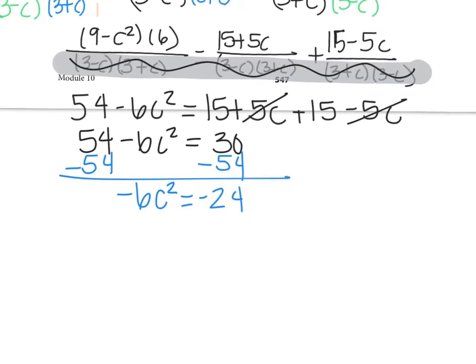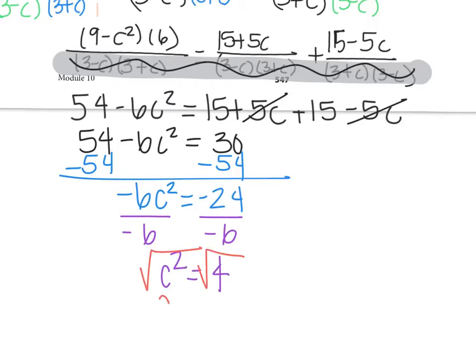So now to get c by itself, I can divide both sides by negative 6, and I get c squared equals 4. And then lastly, if I take the square root of both sides, I get c equals positive 2 and negative 2. Because whenever I take the square root, I always have the positive and negative form.